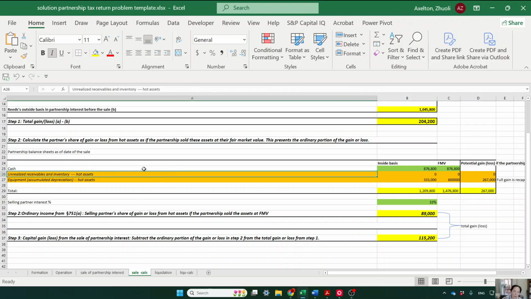So for this calculation, we really want to capture any hot assets only. In this case, I labeled the two possibilities we have seen through our homework and exercises. One is the unrealized receivables, inventory, cash. Of course, there's no gain or loss, we can put that there, but this will not affect our calculation. For equipment, this is only the accumulated depreciation. Basically, the depreciation recapture, the Section 1245 recapture portion, will be treated as hot assets.